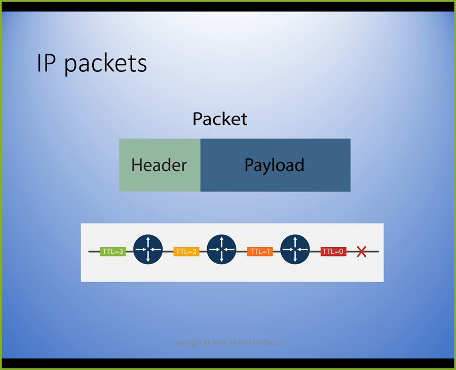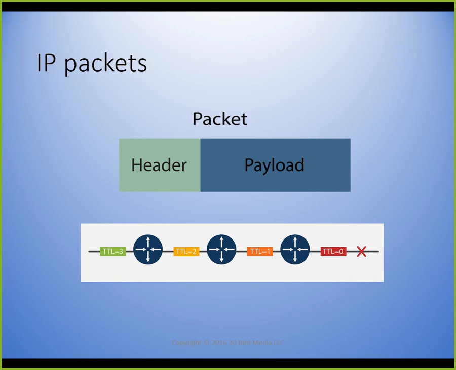What that's trying to say is that we have header information, and under the header we're going to have the payload. We talked about the OSI model, and we had encapsulation, so that header information got added as it went down the stack.